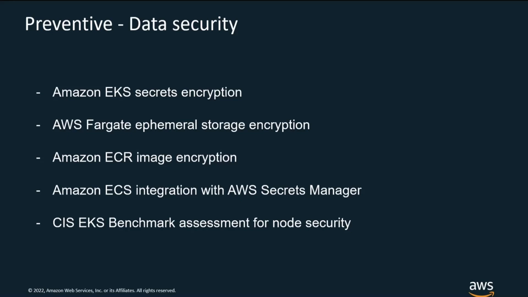With the KMS key integration, customers now have the ability to select key material origin for their keys from KMS, an external provider, or even a customer key store, which is using AWS CloudHSM. To assess security configuration against industry standards, we also announced the CIS EKS benchmark to assess EKS node security configuration.